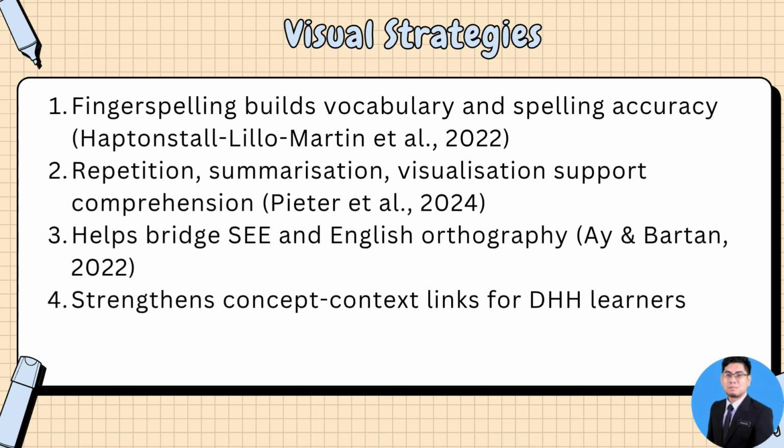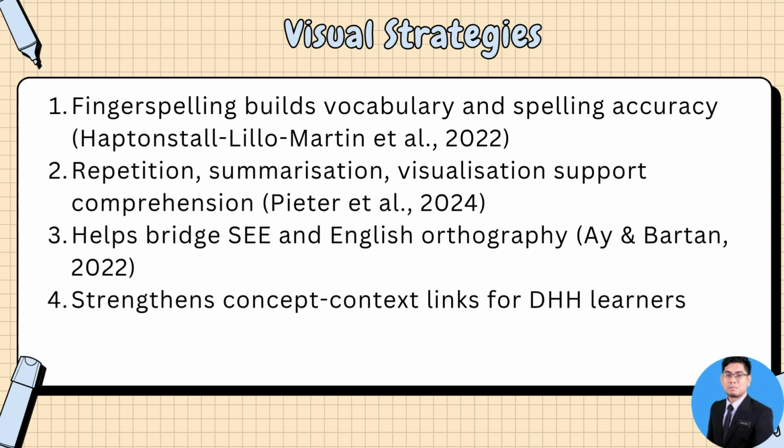Okay, the first part is visual strategies. Visual strategies are foundational for the students. One of the most powerful methods is finger spelling. It reinforces vocabulary and spelling accuracy by creating a mental map of English words.